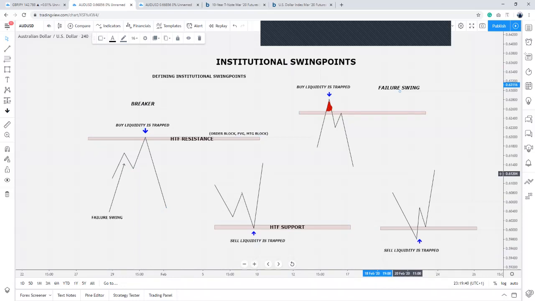Regarding the breaker, there's the market turning point for a sell, which you can see here, and also the market turning point for a buy, which you're seeing here.